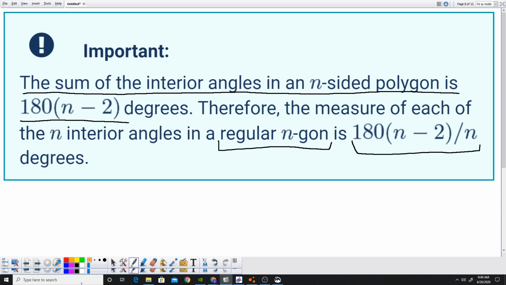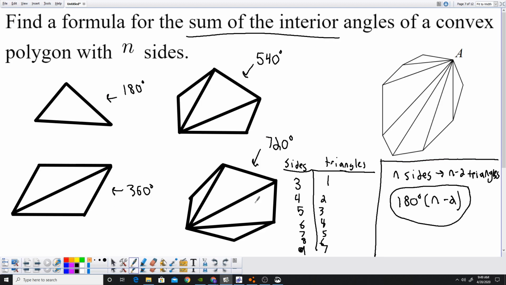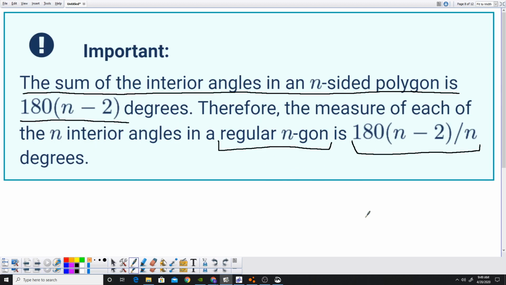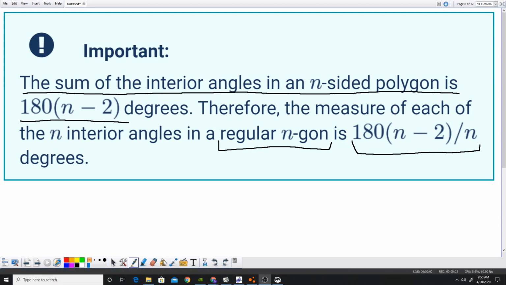Again, it's a little bit weird to understand, but when we actually practice it, it'll make more sense. To find the individual angle, what each interior angle is worth in a regular n-gon only, just take that total sum and divide by the number of vertices. And we'll see exactly how this process works in the next problem.